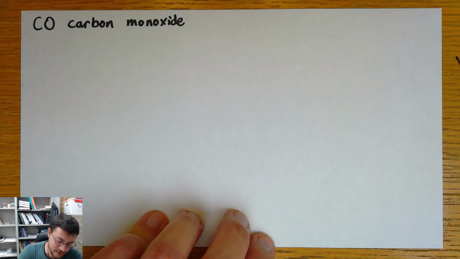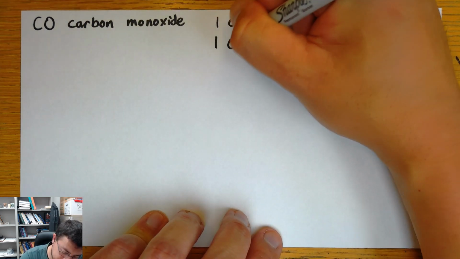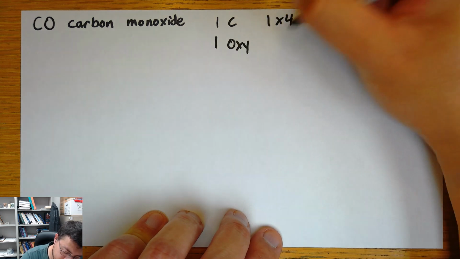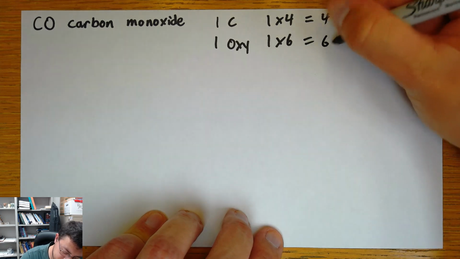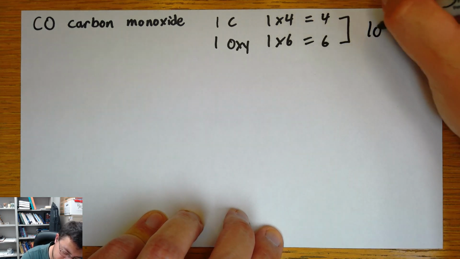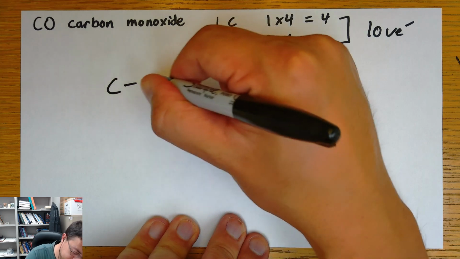All right, so let's do it. We have 1 carbon, 1 oxygen. 1 times 4, 1 times 6, 4, 6. Get our total of 10 valence electrons. Carbon, oxygen.